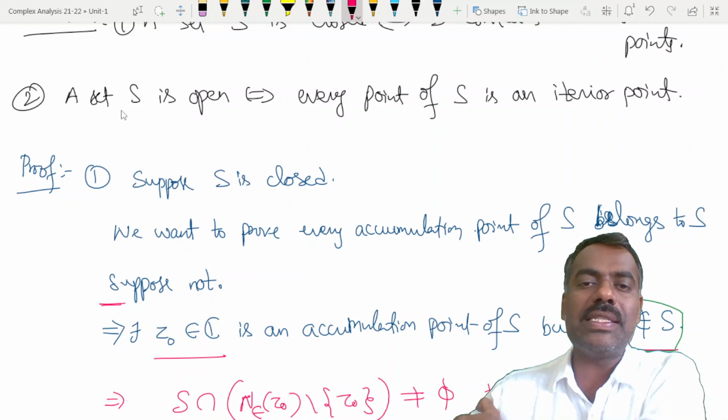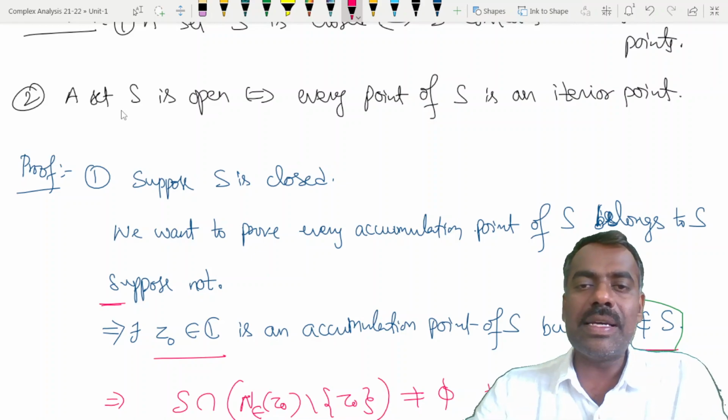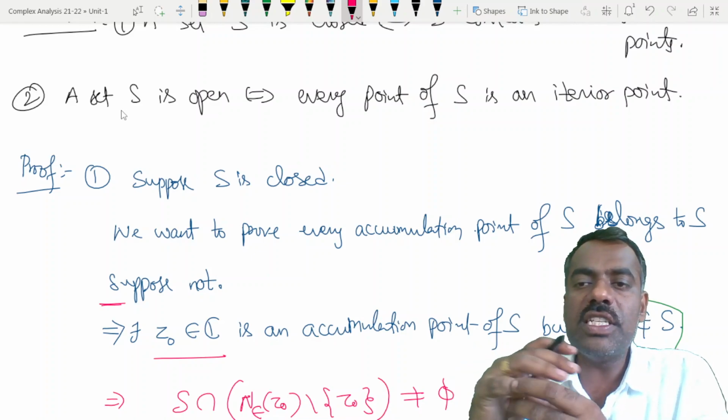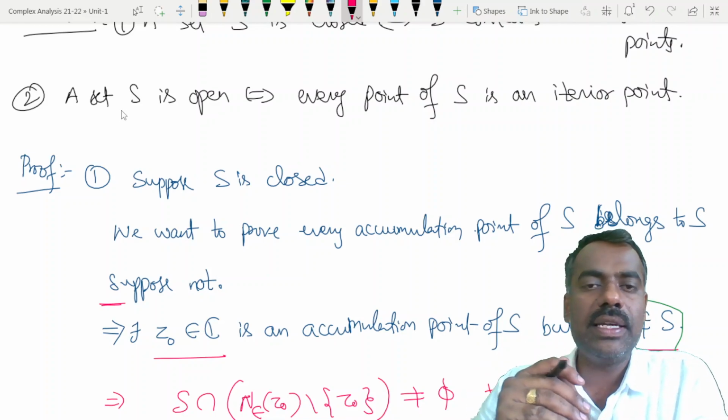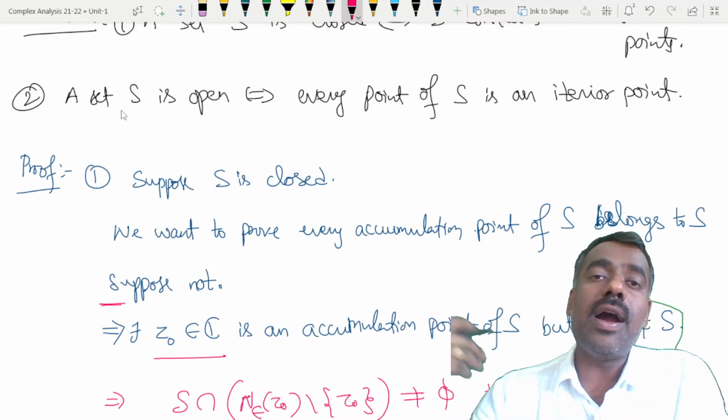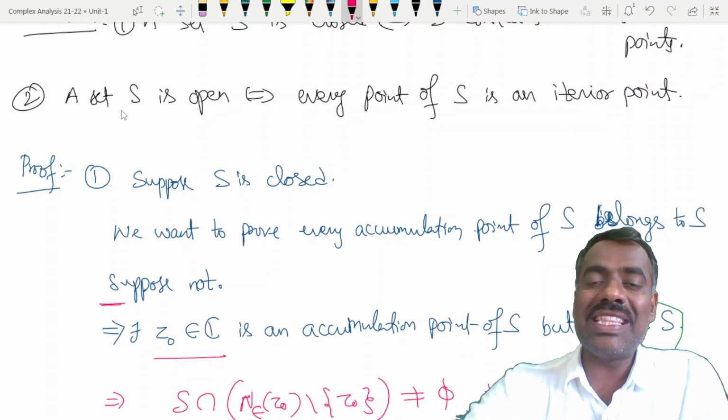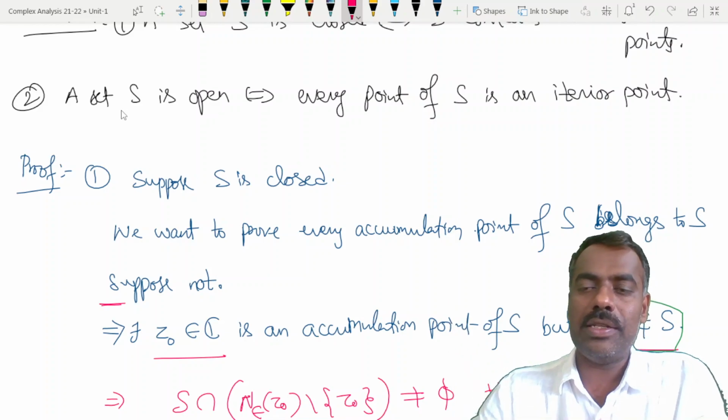Suppose not, that means there is some point of S which is not an interior point. Is that clear?